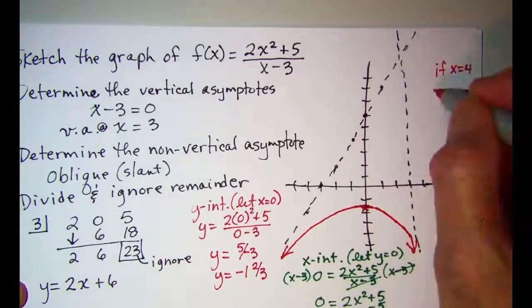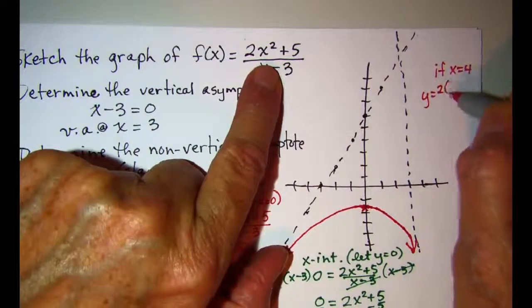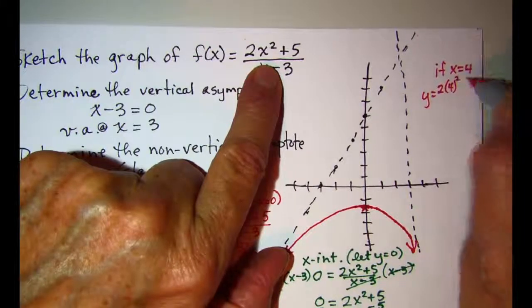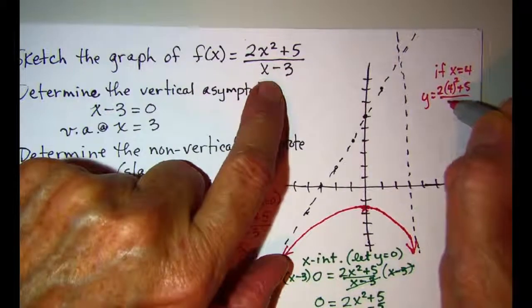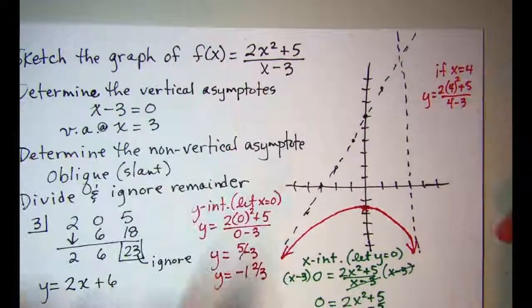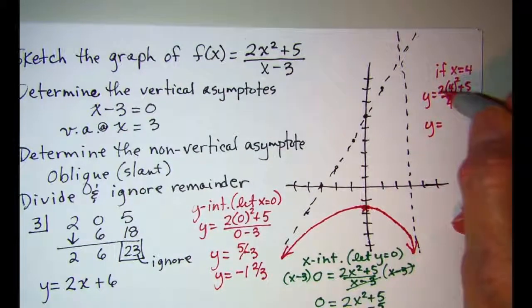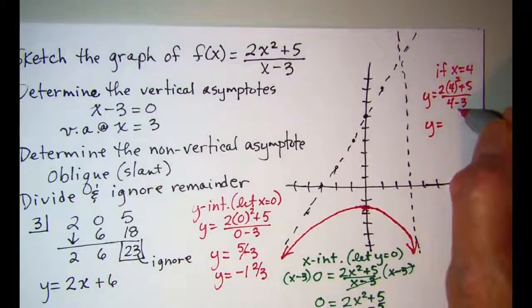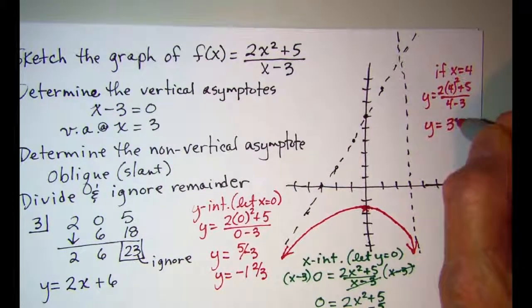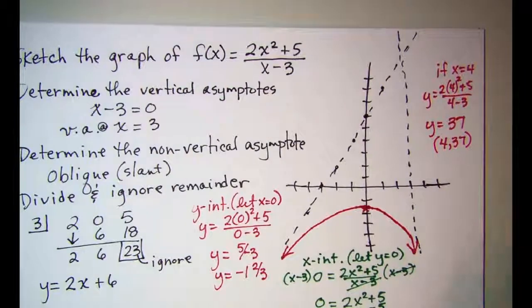If x equals 4, I get y equals 2 times 4 squared plus 5 over 4 minus 3. So y is equal to 16 times 2 is 32 plus 5 is 37 over 1. So y equals 37. So the point (4, 37) is going to be on my graph.